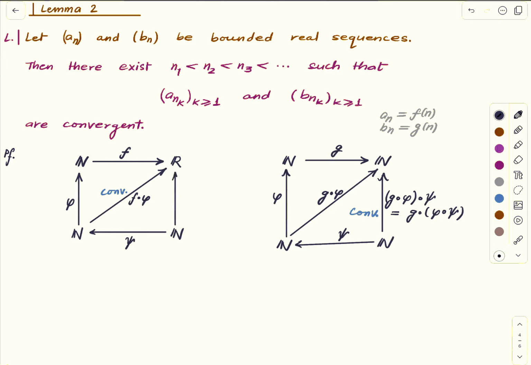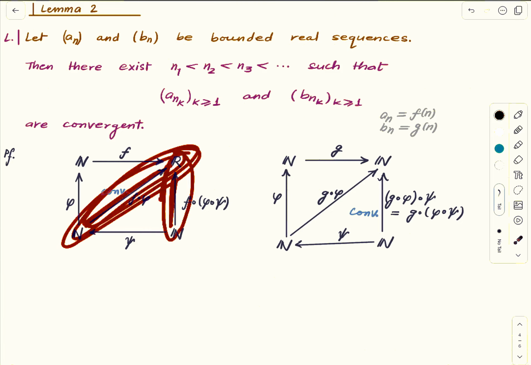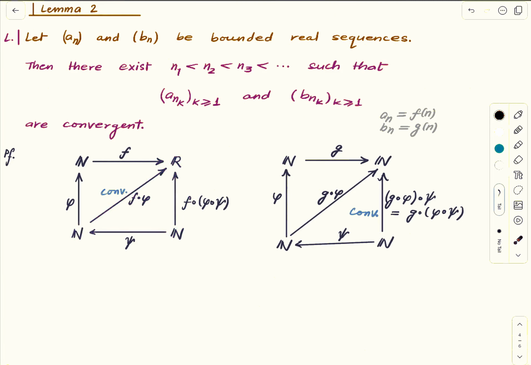So this is a subsequence of f composed with phi, which converges, and hence this one also converges. Any subsequence of a convergent sequence is convergent, and in fact it converges to the same limit, but that is besides the point.